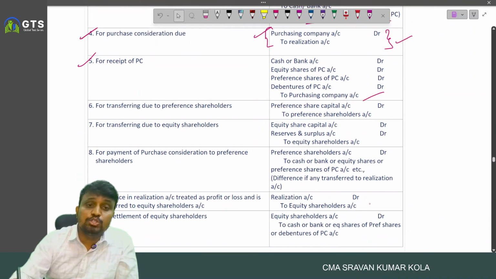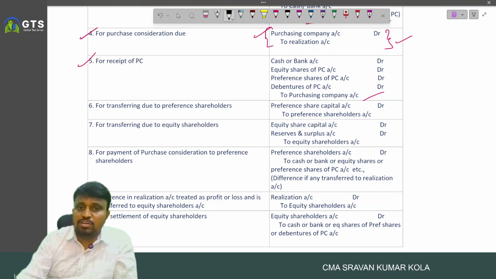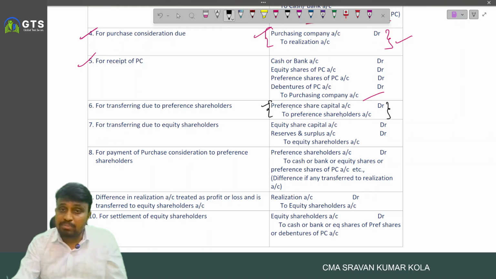And for transferring the dues to the preference shareholders, preference shareholders account debited. Preference shareholders means preference share capital account debited to preference shareholders. For example, if the preference shareholders are discharged at a premium, then preference share capital account debited, premium on preference shares, to preference shareholders.